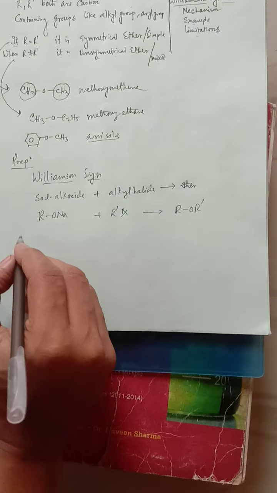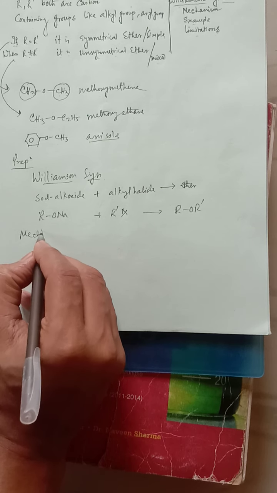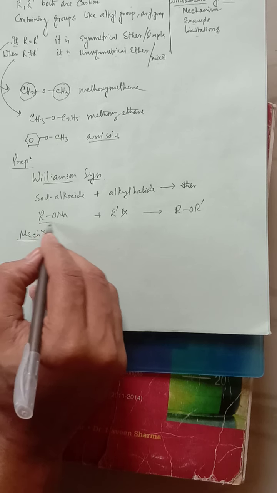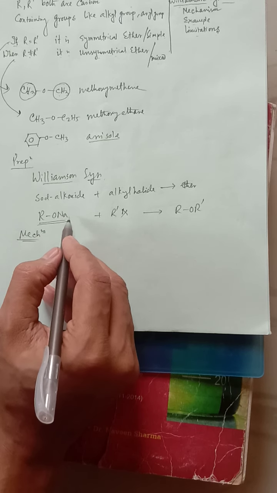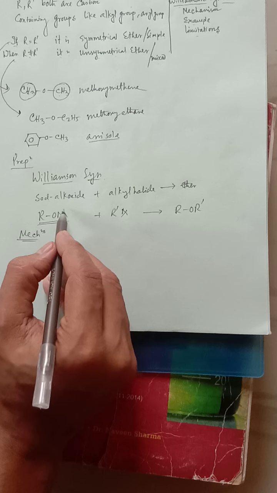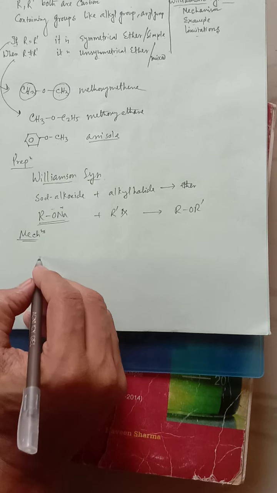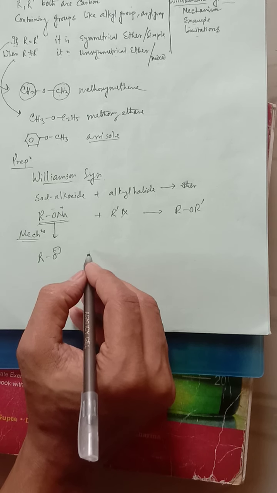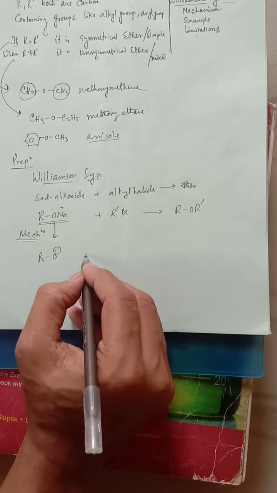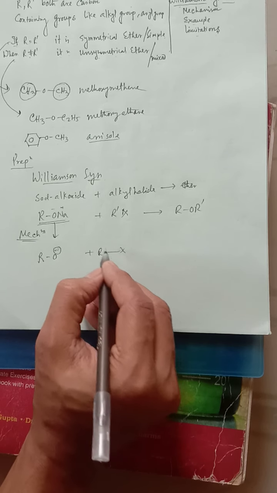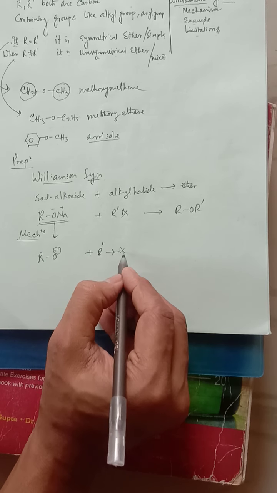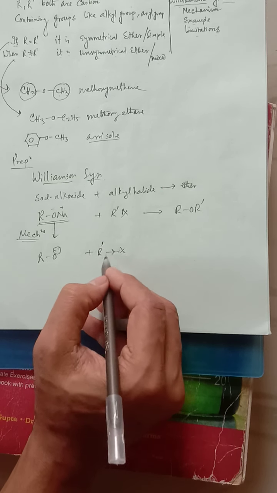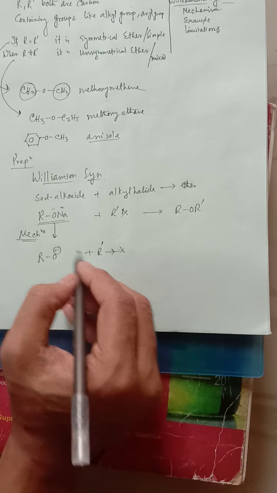Now the mechanism, how the reaction happens. Actually sodium is a strong electropositive element, so this is the positive part, this is the negative part. So from here we can find RO minus, that means O negative is there, and R dash X, here this X having the minus I effect, electron dragging effect, so this R dash lacking electron, it requires electron.